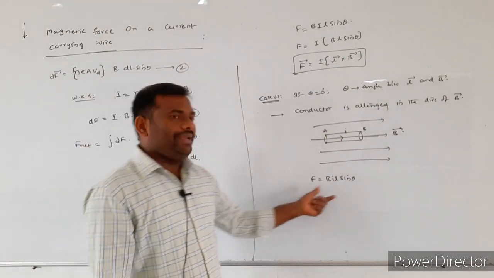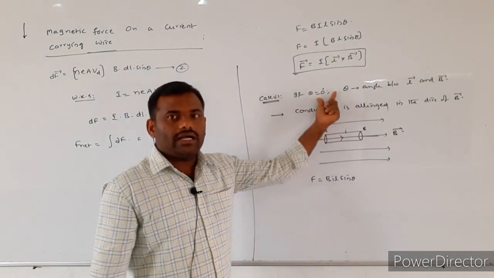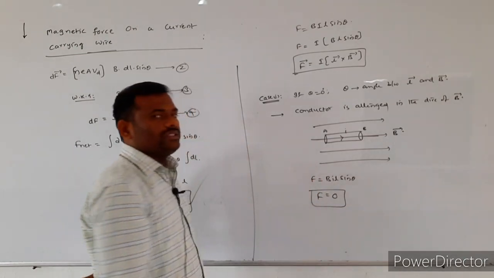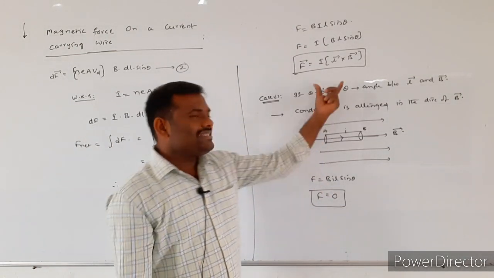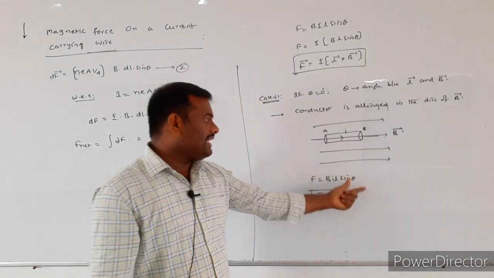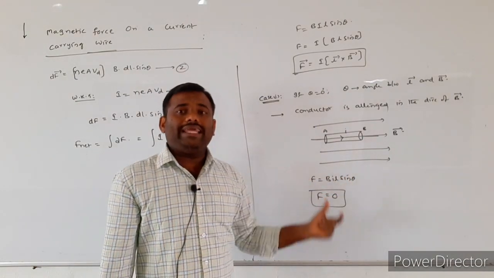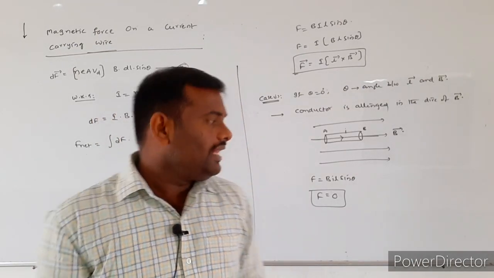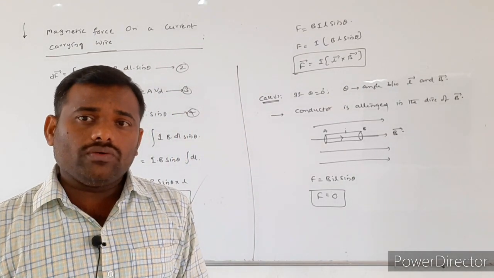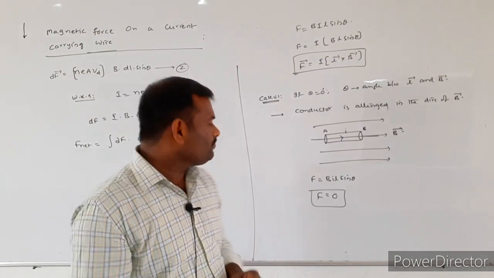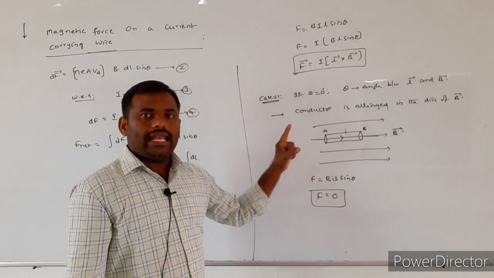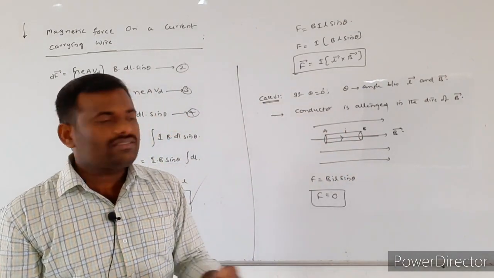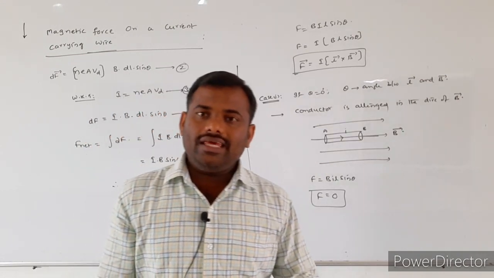Theta value is equal to 0, and sin 0 is equal to 0, so the force experienced by the current carrying wire will be equal to 0. Whenever the conductor is aligned in the direction of the magnetic field, it does not experience any external force.